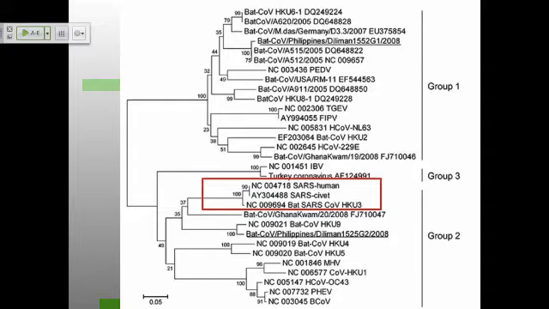So the basic idea here is we've got huge numbers of all kinds of different bat coronaviruses. Again, there are sequence differences relative to each other, but the ones that are causing disease in humans are also probably pretty clearly bat viruses as well.